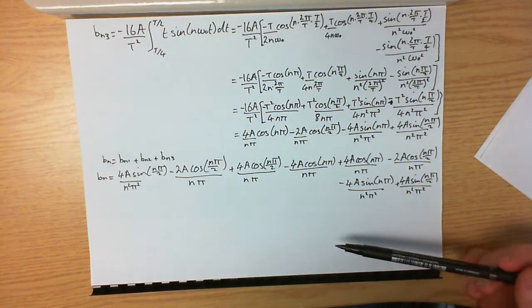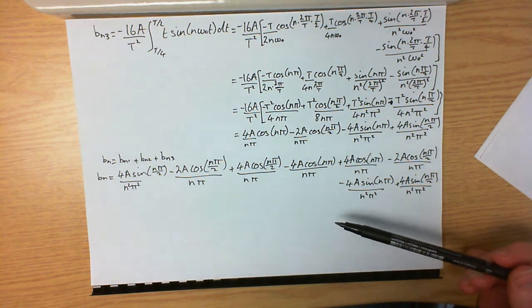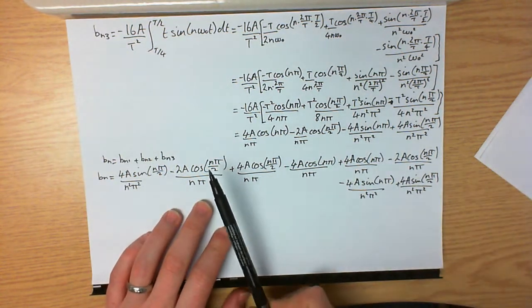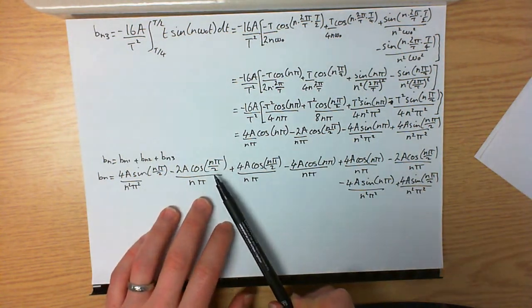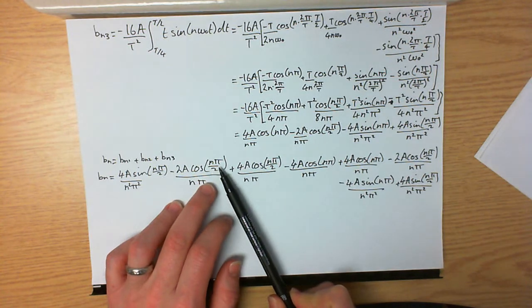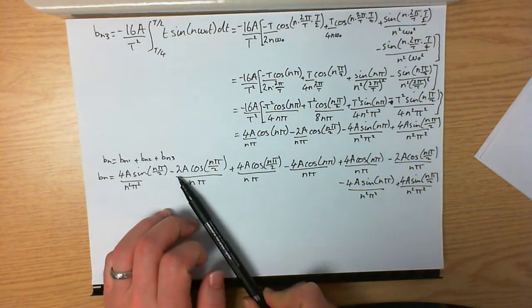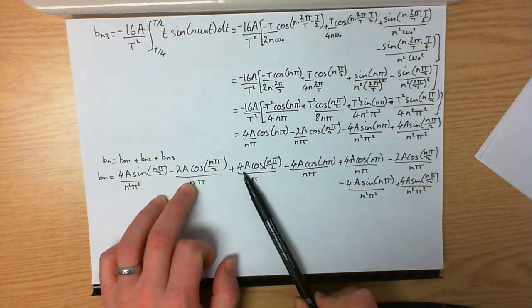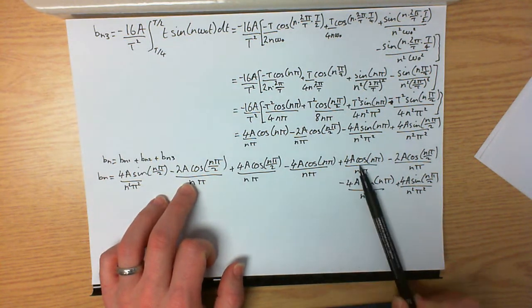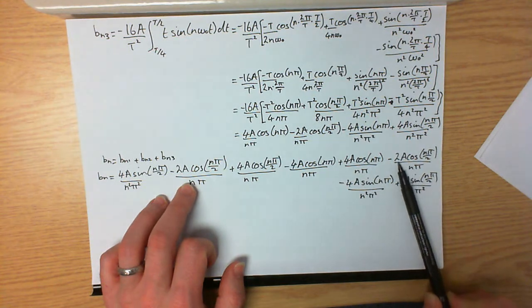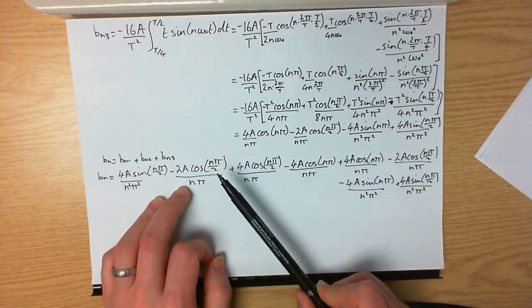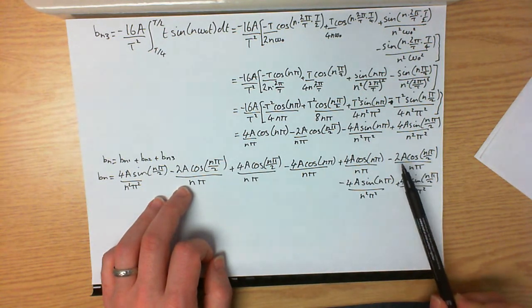So it might look tricky, but various things start to cancel out. So you need to look at the common terms, like for instance the cos n pi by 2. We've got a negative 2a over n pi, a positive 4a over n pi, and another negative 2. So the cos n pi by 2 terms cancel each other out.